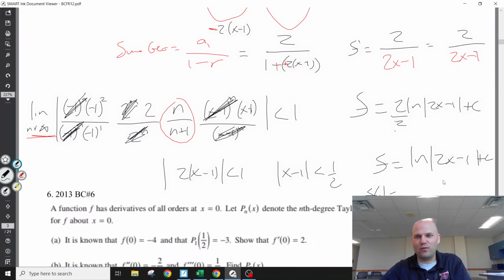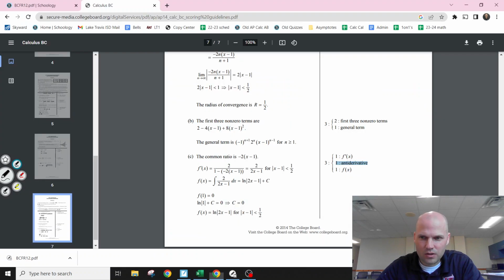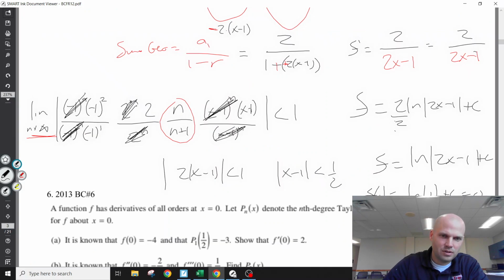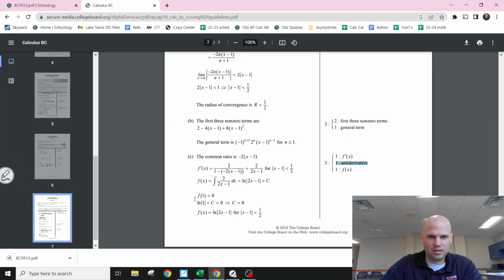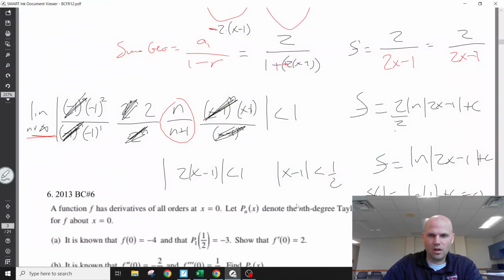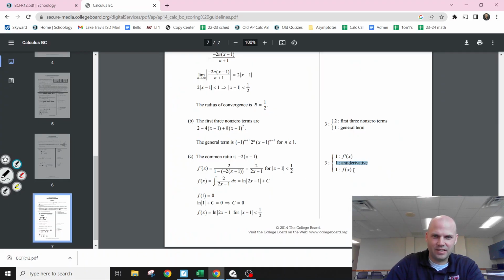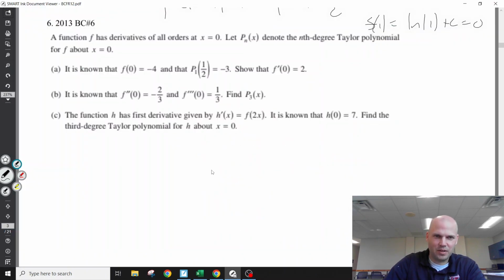That's so fun and tricky. C is negative 1. Wait, c is 0? f of 1 is 0. Oh yeah, c is 0. Okay. I don't know if they expected you to do that, but that's fun.